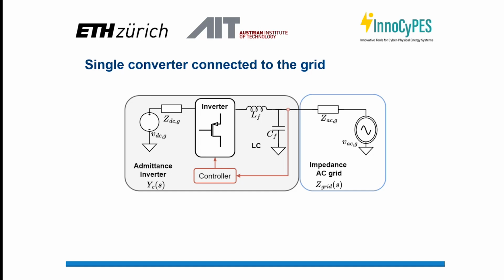So this is the feedback loop that we are analyzing here. We represent the grid as a short circuit ratio, right?